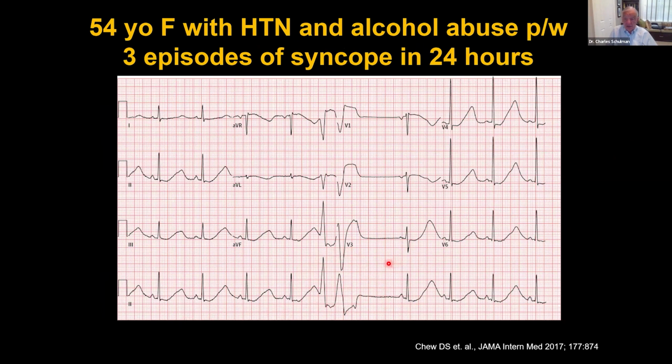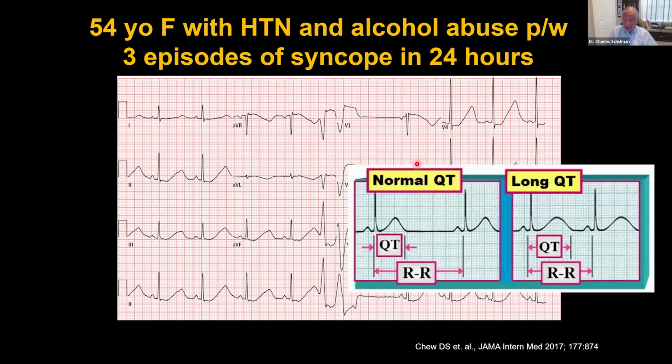What you notice is that her QT is long. Look how long her QT interval is from there to there. Normal QT is less than half of the RR. Long QT is more than half of the RR.